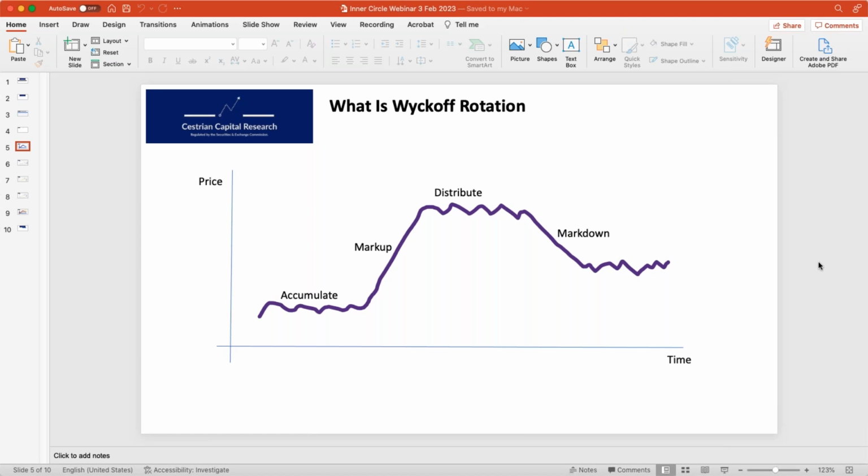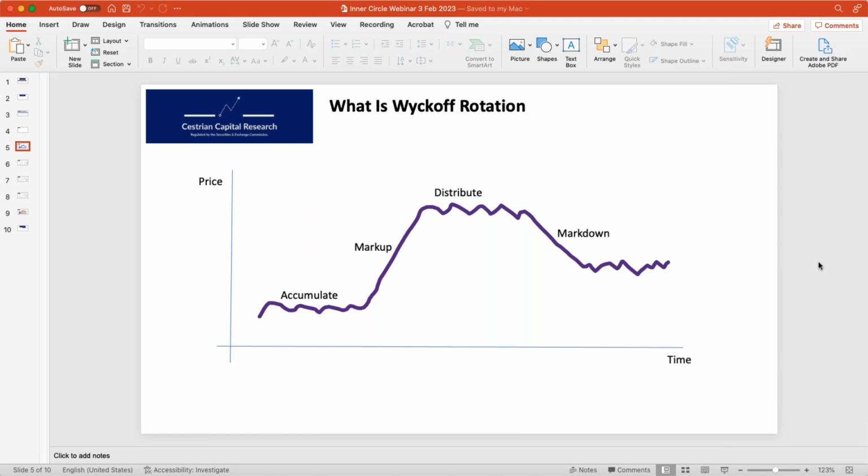In the accumulate phase, this would be something like right now, actually, early 2023, when there's been a big sell-off in the asset you're trying to acquire, when prevailing sentiment is pretty negative, when the market participants at large, certainly retail participants, are expecting something bad to happen still, and pretty much nobody wants to buy the asset you're interested in.